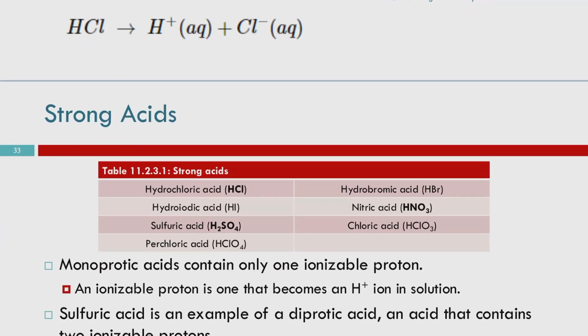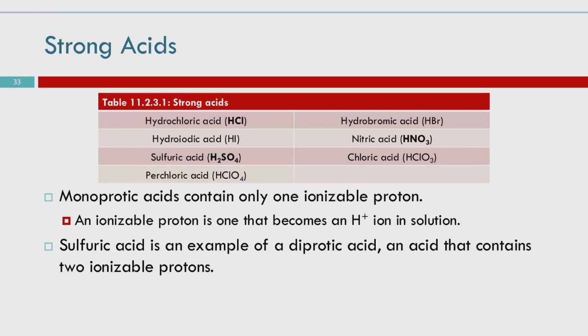There are a lot of strong acids. The ones that are bolded here, I'll also put an arrow pointing at them. These are the ones that you should know are strong acids. So hydrochloric acid, which we've talked about a bit, nitric acid, we've used before in lab, and sulfuric acid.